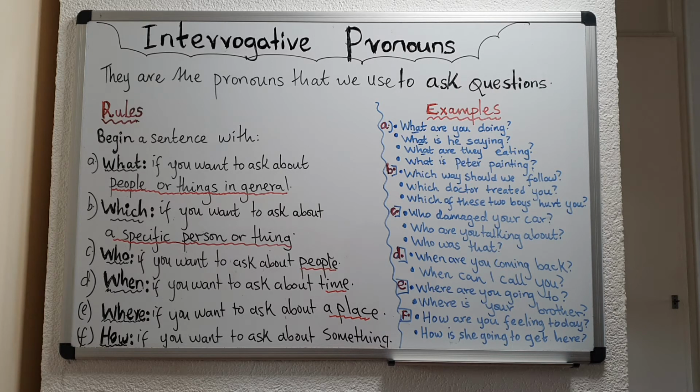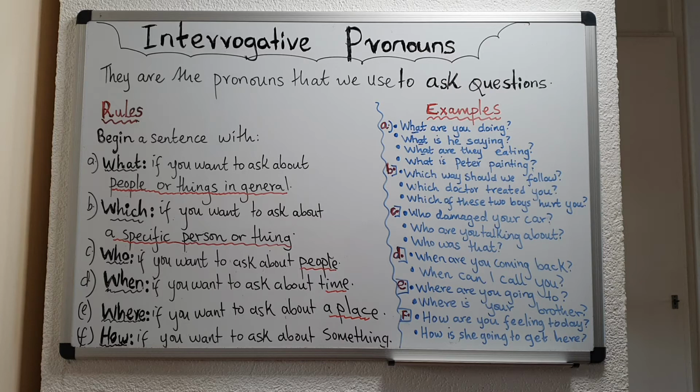Okay? And then the last example there, which of these 2 boys hurt you? So imagine that there's a group of boys. And you want to know, your dad wants to know. You're a parent and your child comes to you crying and they've been hurt. There are 2 boys standing outside.